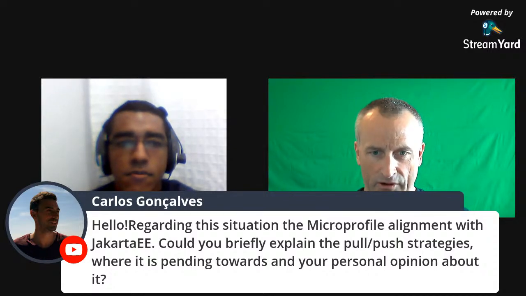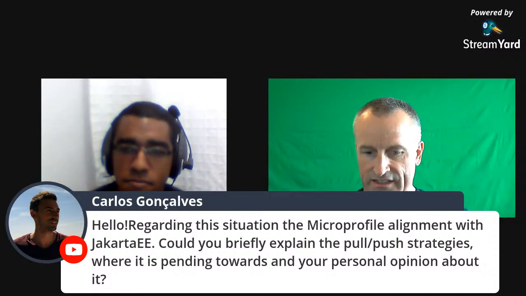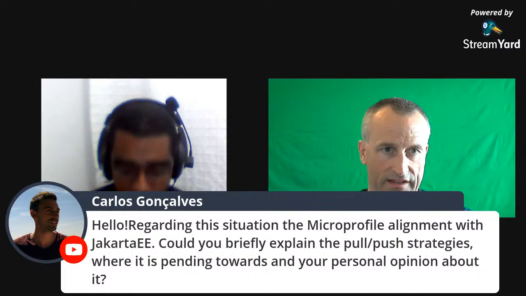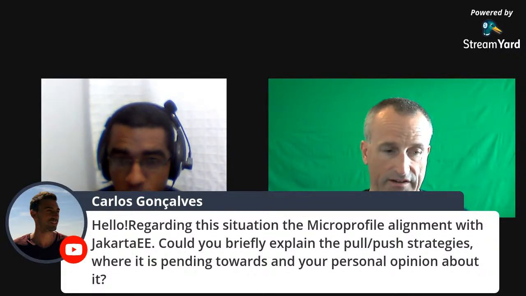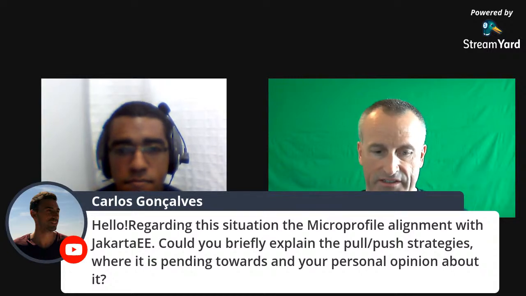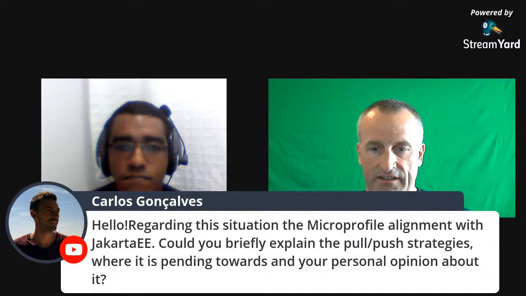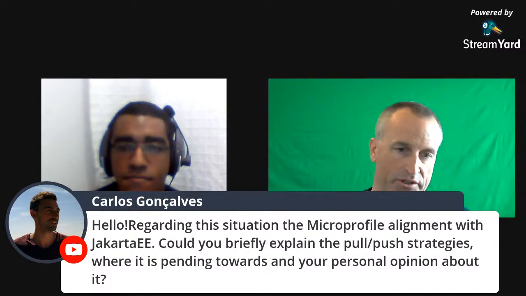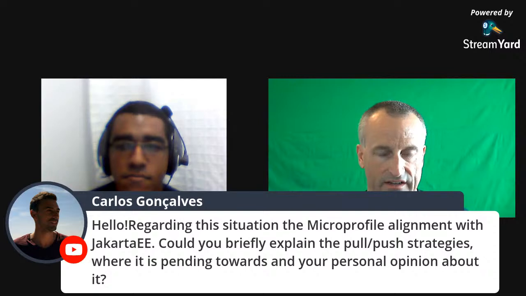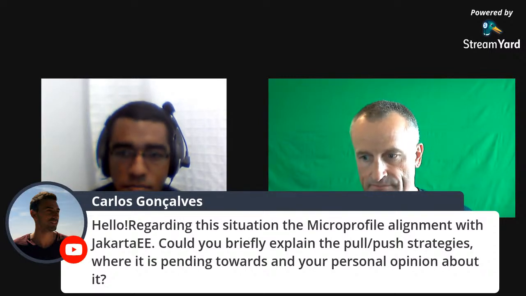The pull decision is that they want to control their own life cycle and push out applications at their will, which is perfectly fine. The push approach would be that they were establishing standards, and then when they consider it good enough, they would push it to some other standardization organization, for example, Jakarta EE. They chose the pull strategy.